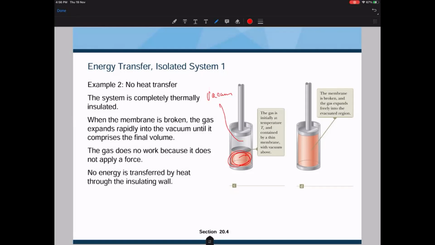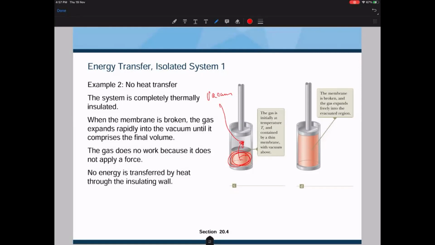Highly unrealistic, but that is the scenario here, where sometimes it will occur when you suddenly break free the gas into an open environment. So when the membrane between the gas and the vacuum is broken, the gas would rapidly occupy the region above it.